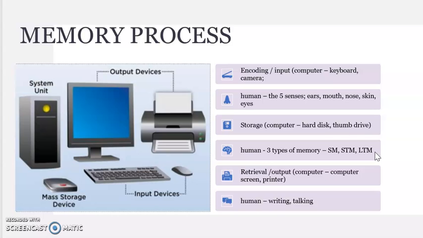So having cues or strategies during earlier encoding would help in the retrieval process. For a computer, the output or retrieval process is the computer screen or printer, and in humans, we express or retrieve the information through writing or talking.